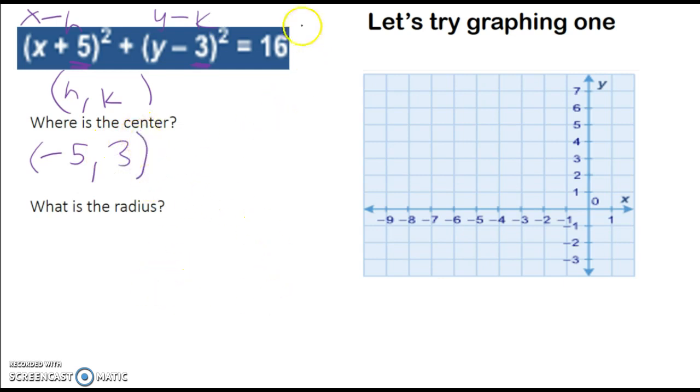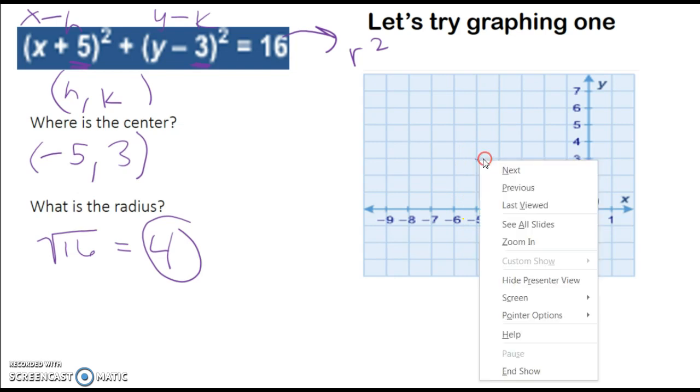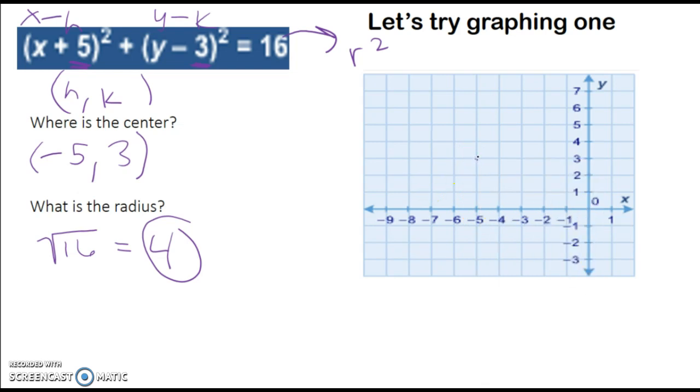Now the radius. Always remember that that part of the equation there is r squared. So to find the actual radius, you have to take the square root. The square root of 16 is just 4. The radius is 4. So the center is at (negative 5, 3). There's our (negative 5, 3) for our center. We went left 5, up 3 to plot the center.